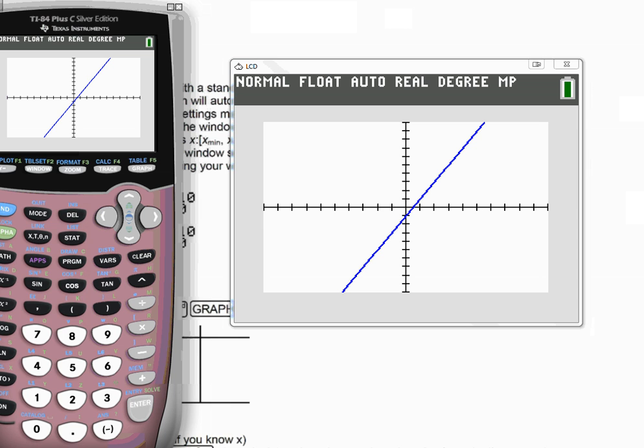Okay, so your window settings are, remember when I talked about how this is from -10 to 10? We can change that. We can change the window, or basically change the scale of the graph in a way, or how far left or how far right we want to look at the graph. So that's going to be the window button.